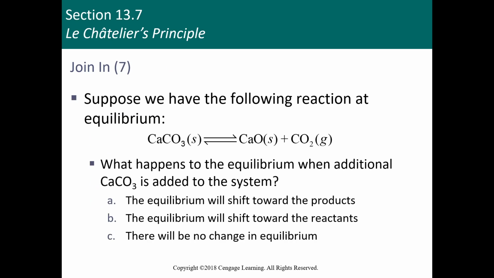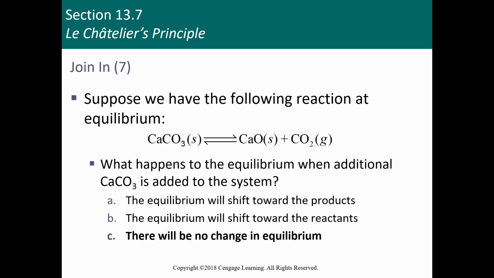So suppose we have the following reaction at equilibrium. What happens to the equilibrium when additional calcium carbonate is added to our system? Okay, so we have calcium carbonate here, we have calcium oxide, and we have CO2. Does anybody notice that we have a gas and two solids?